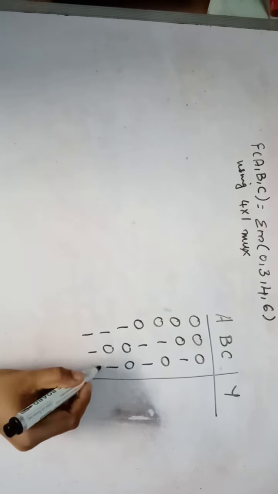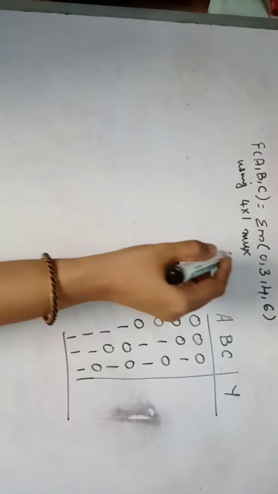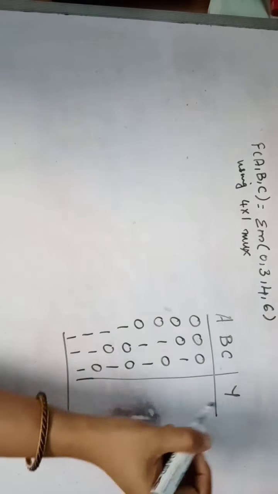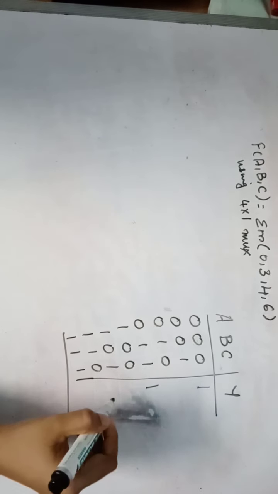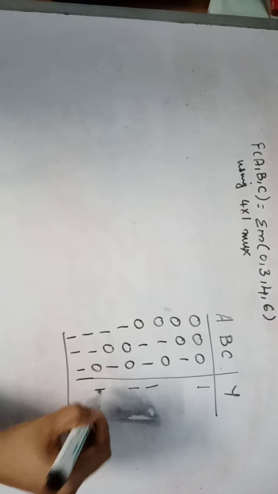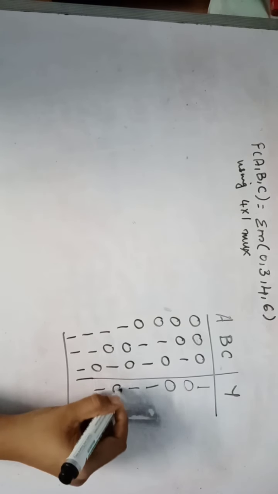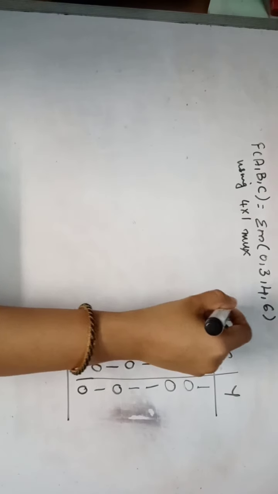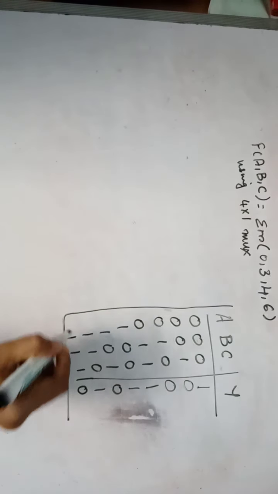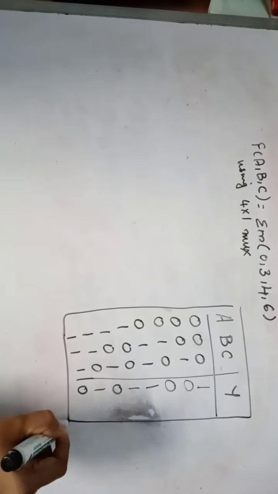Y will be 1 for 0, 3, 4, 6. For the others, the output will be 0. So this is my truth table. This is the truth table which I need.